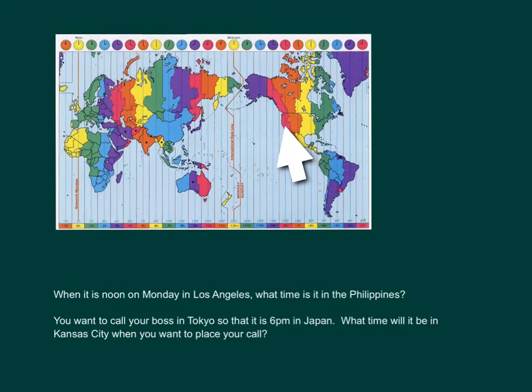And so, again, I can cross the international date line and worry about changing from Monday into the next day, Tuesday, over here. And if I get that far, if I change my hours. So let's see if it's noon, if we've gone far enough to get to the Philippines.